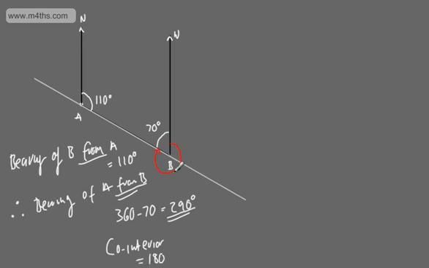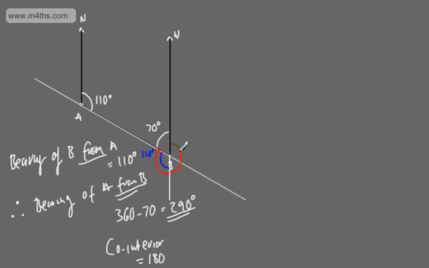Now, an alternative approach would be to extend this line slightly, and I'll just draw it down here. We could then look at Z angles, or more formally, alternate angles. This angle right here is also going to be 110 degrees, as an alternate angle. All I would need to do is add that to the 180 degrees round this side.